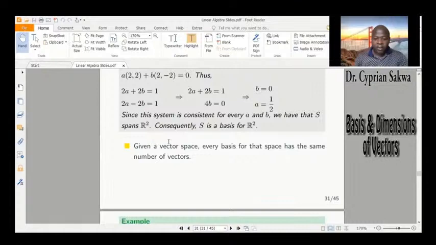Supposing I'm looking at R3, then a set that will be a basis of R3 should have three vectors, not more than three or less than three. We'll see how this point will work out to be very important to us.